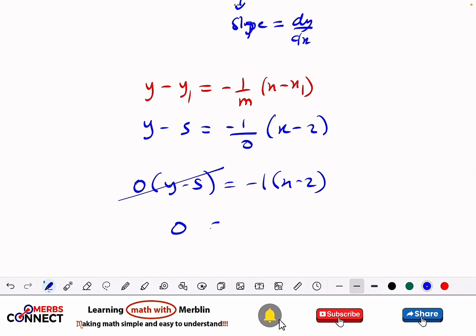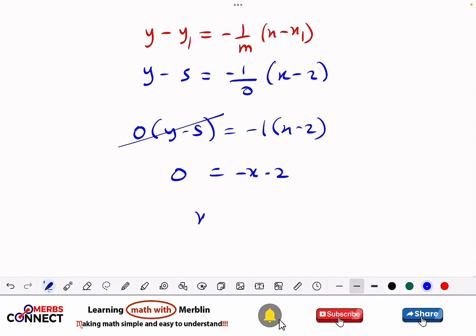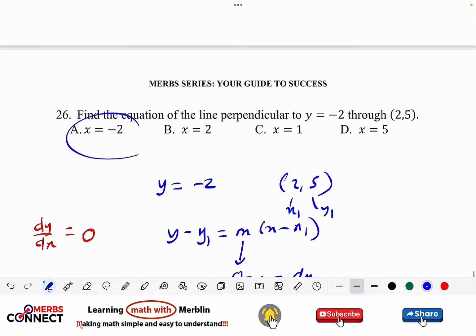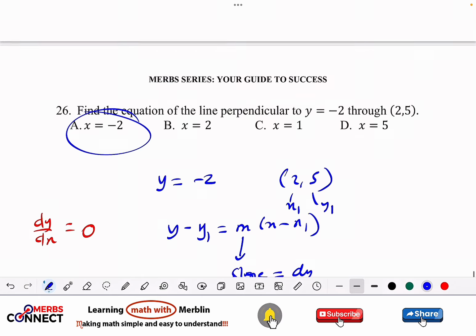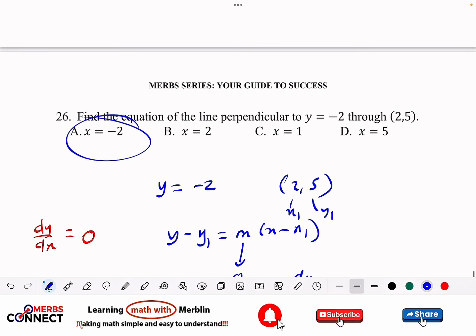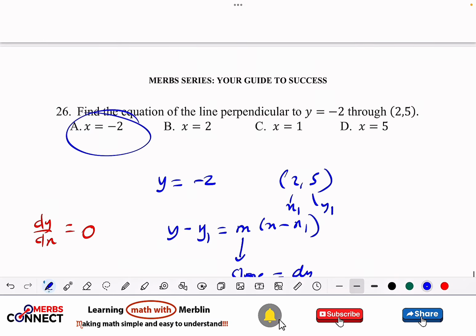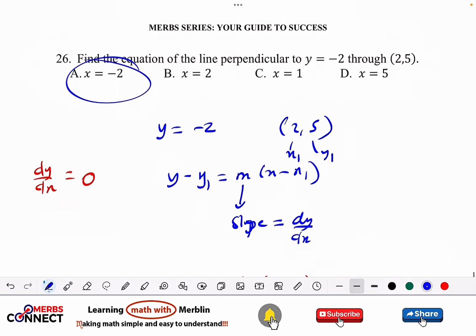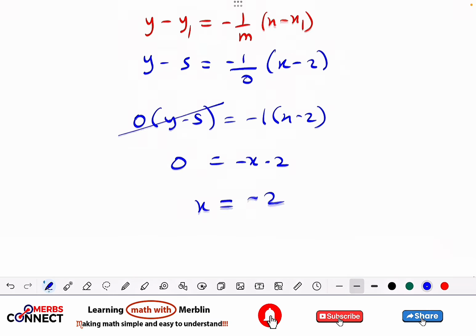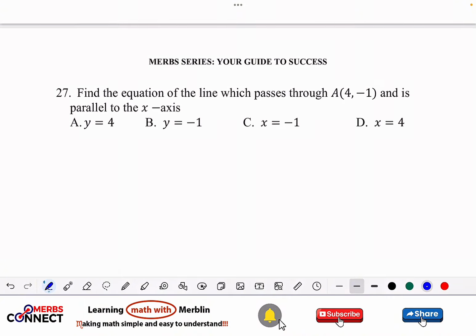Everything here goes to 0, and I'm going to have minus (x minus 2). So x should be 2. Is that right? Yeah.